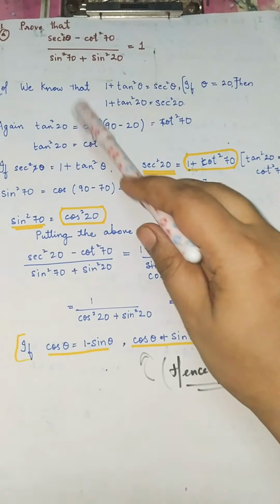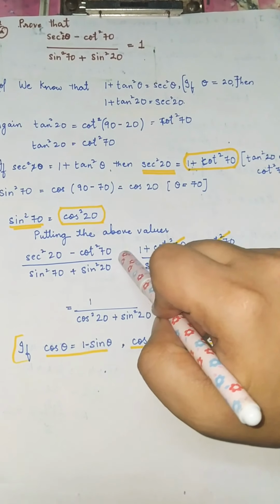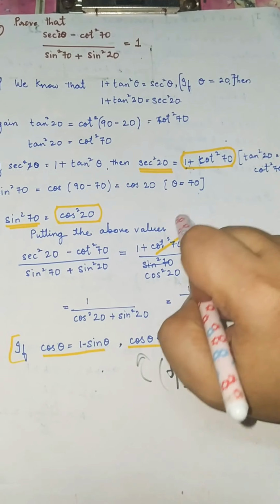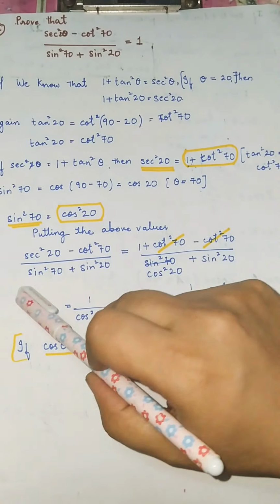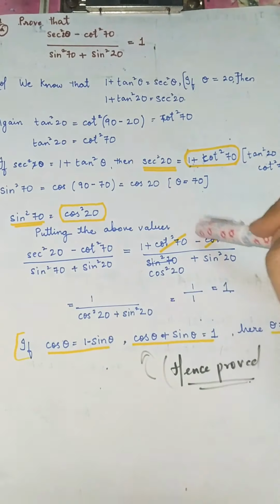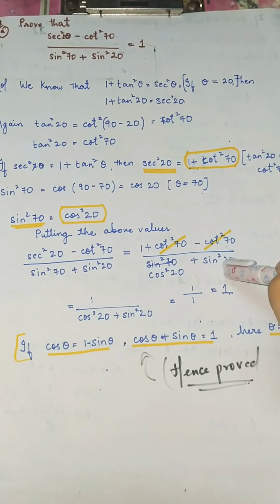Now putting the values here. Sec square 20 minus cot square 70. What is sec square 20? We got 1 plus cot square 70, minus cot square 70, divided by sin square 70, which is cos square 20, plus sin square 20.